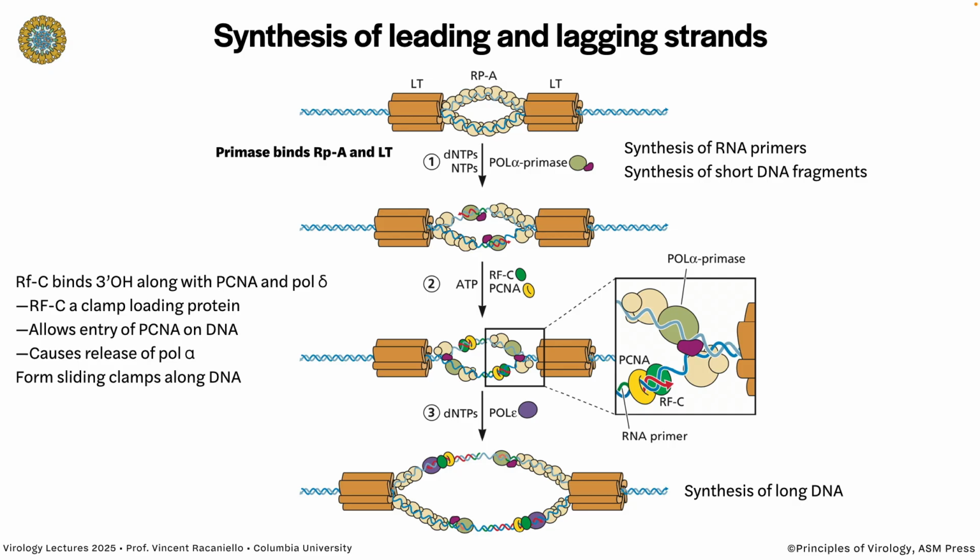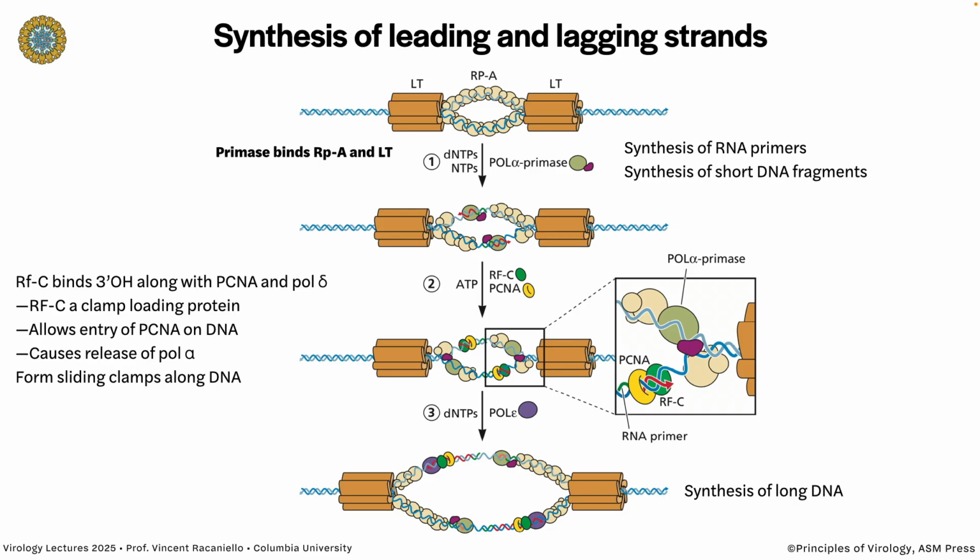Okay, so then what happens is a primase comes in, and again, it's recruited by RPA and LT. It's called Pol alpha primase, and it makes the RNA primers that are needed for DNA synthesis, and it also makes short DNA fragments. So that's shown here. We have green RNA primers being made and short DNA fragments.